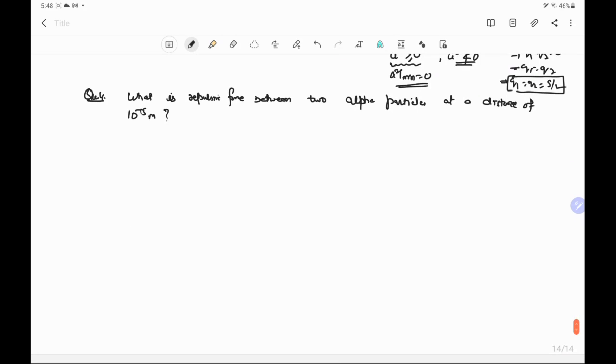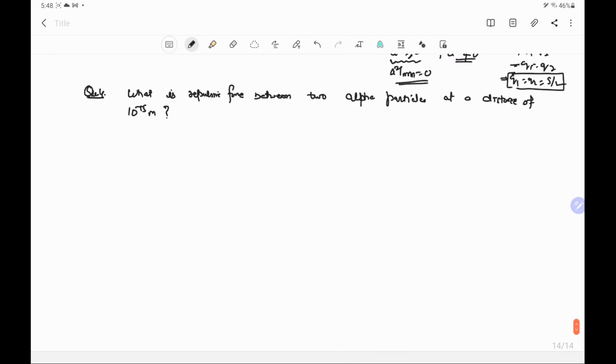Next is: what is the repulsive force between two alpha particles at a distance of 10 to the power minus 15 meter? An alpha particle is actually a helium nucleus, and it is represented by 2He4++.